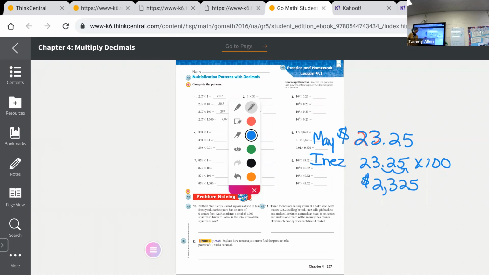Okay. Then it goes on to say that Joe sells pies and makes 1/10 what Ines makes. How do we figure out how much Joe makes then? What do we need to do?